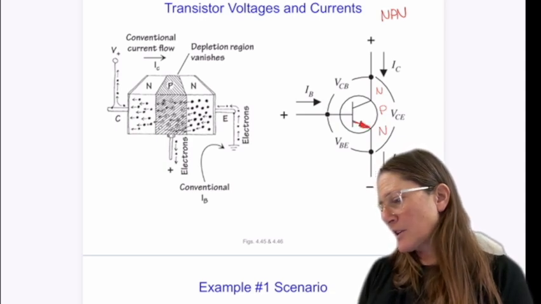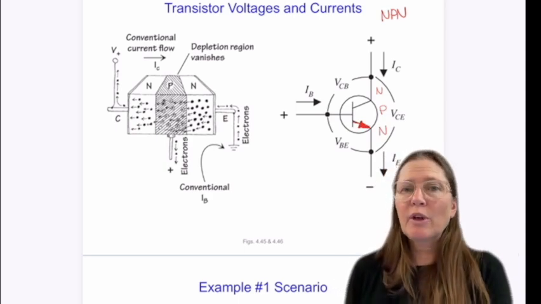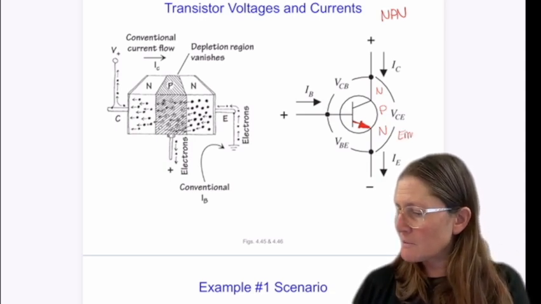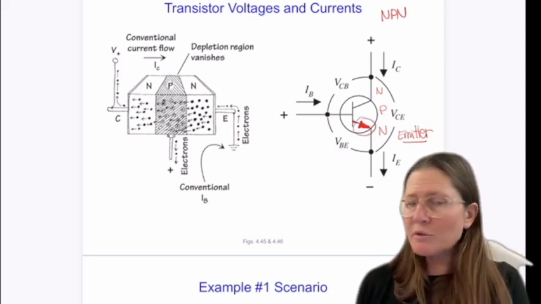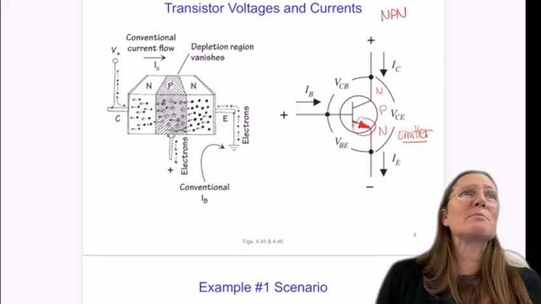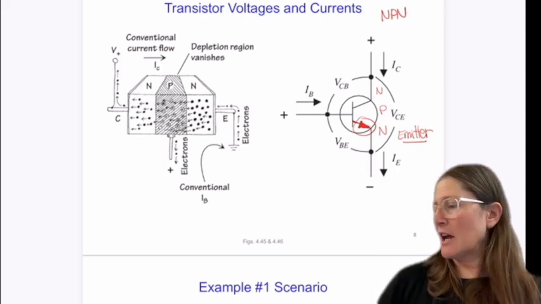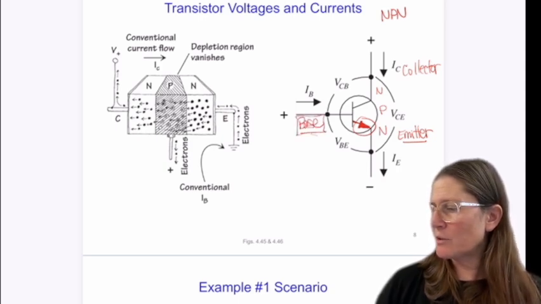So this is how you identify if you have an NPN or a PNP. So that arrow is also on what's called the emitter side. And so you can remember which side's the emitter by the arrow. And the other side is the collector, and the middle portion is the base. So these are our 3 connectors.